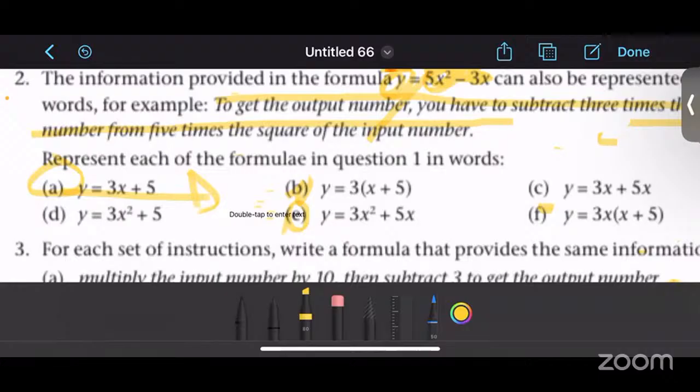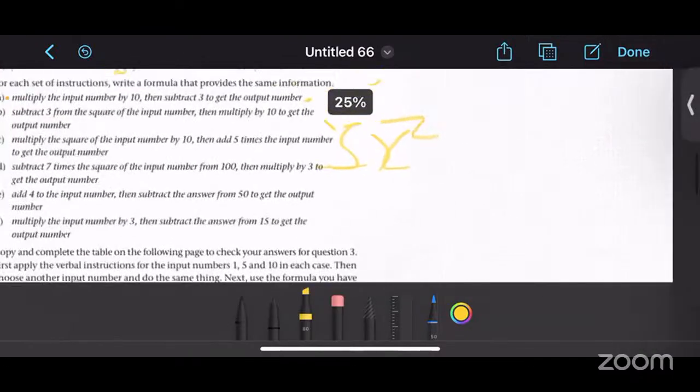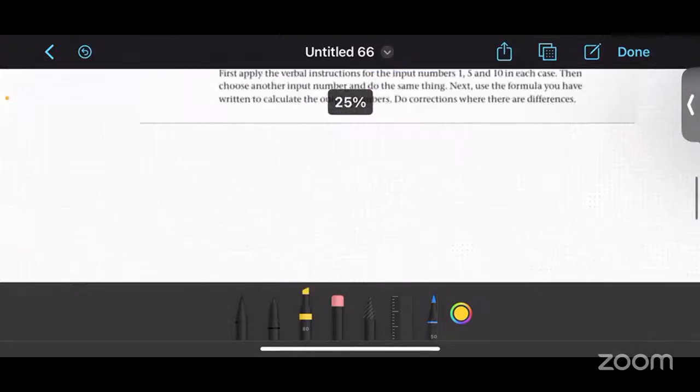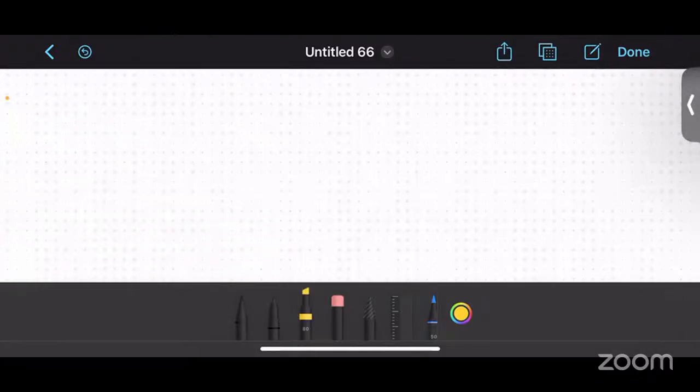Grace F. To get the output number, you have to multiply the bracket input plus 5 by 3 times input. Okay, wait, what did you say?